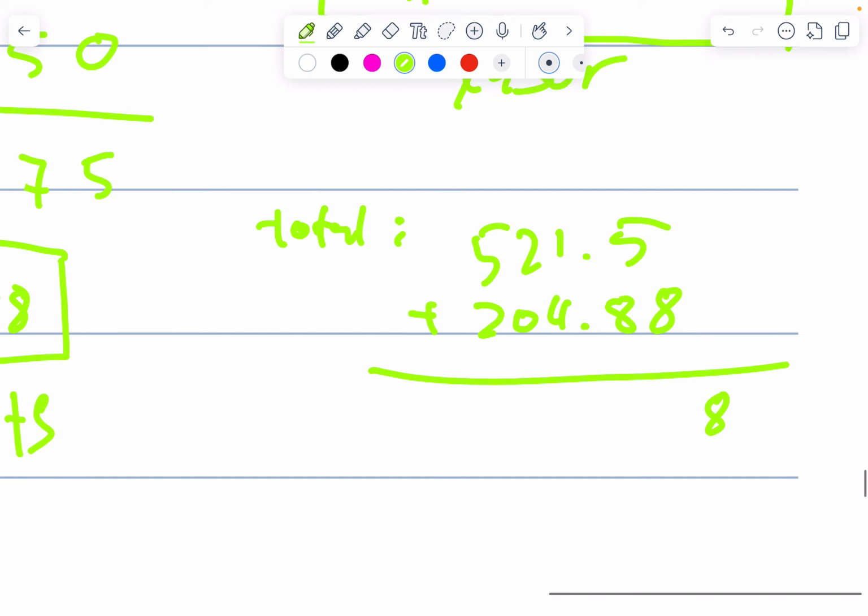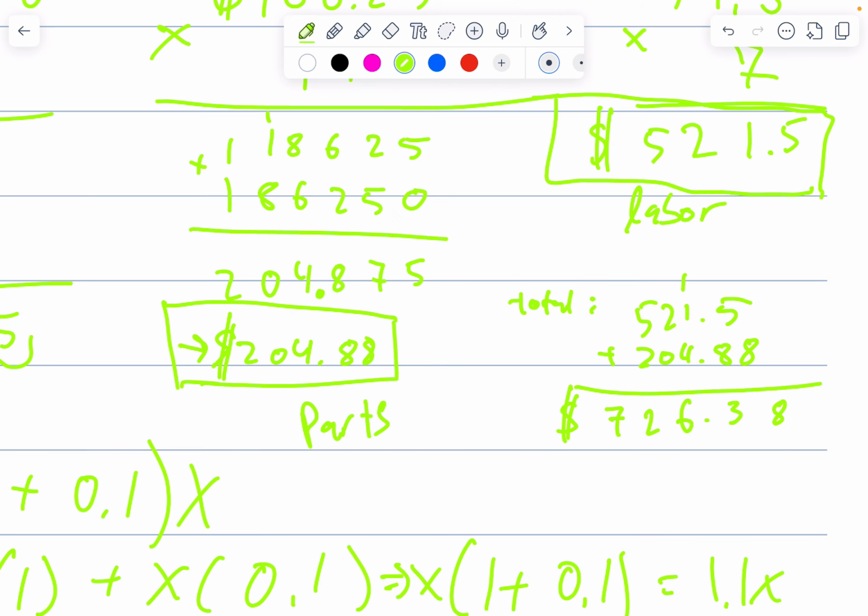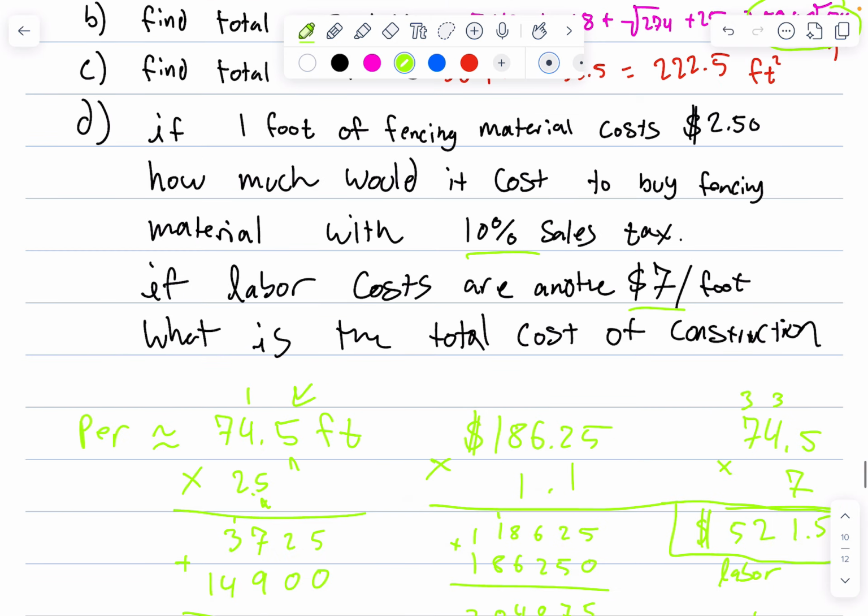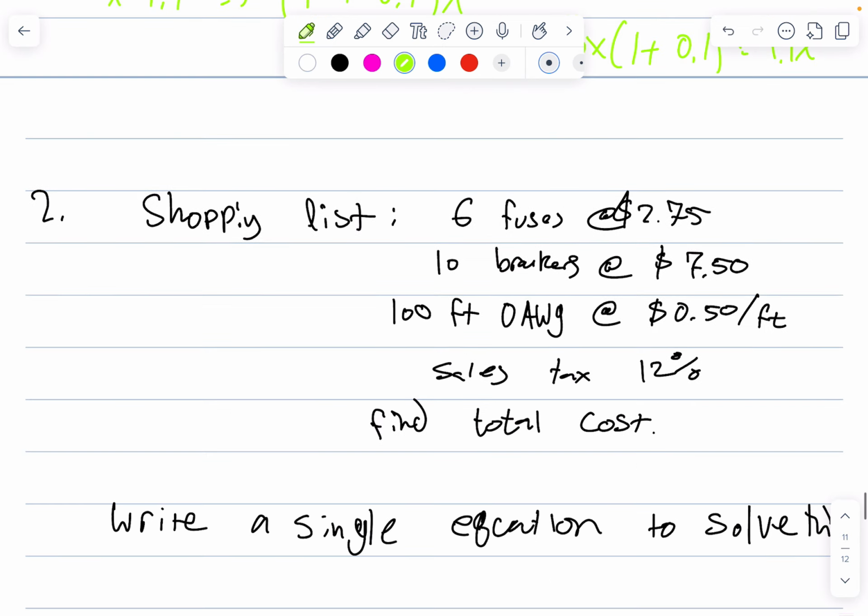Yeah, 13. Drop this decimal. 4, 5, 6, 0, 2, 5, 2 is 7. So $726.38. That's how much the total will be for this guy. Okay. So that's how much this is.